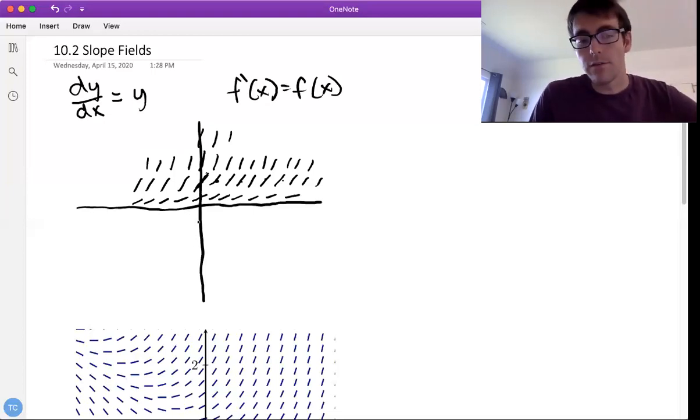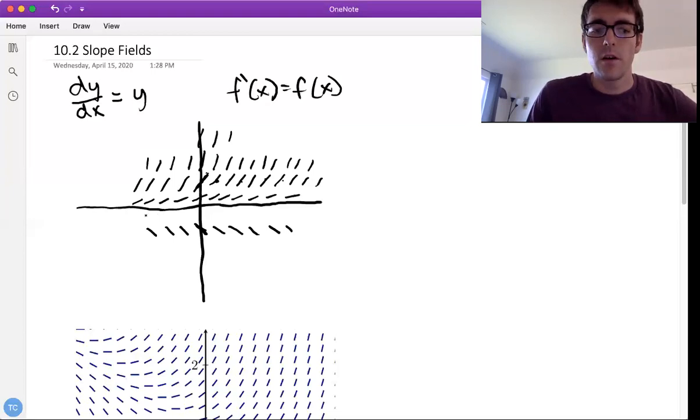When we get negative, at -1, the slope should be -1. So if we extend this picture, we get this. And just like before, we're going to have a more gentle slope when the absolute value is smaller, and a steeper slope when the absolute value is bigger. And we get a picture that looks like this.